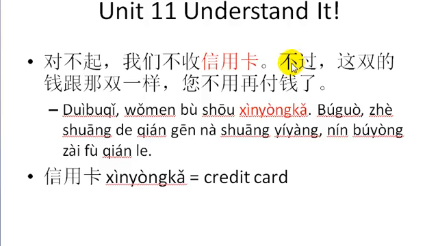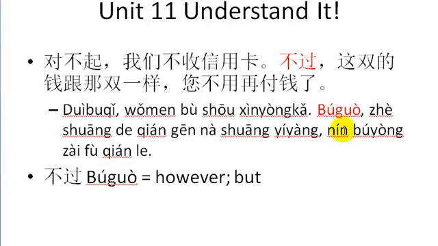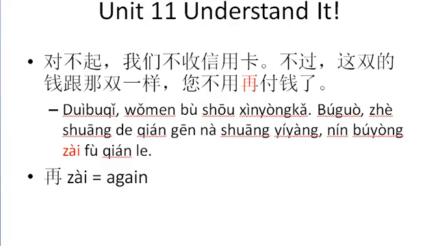Then the shop assistant says this, 不过这双的钱跟那双一样，您不用再付钱了。So, 不过 means however. 不过 Okay, 对不起，我们不收信用卡。不过 however. 这双的钱跟那双一样。Okay, you should know all this. 钱 means money. So they're making that comparison again, saying this is as much as that.